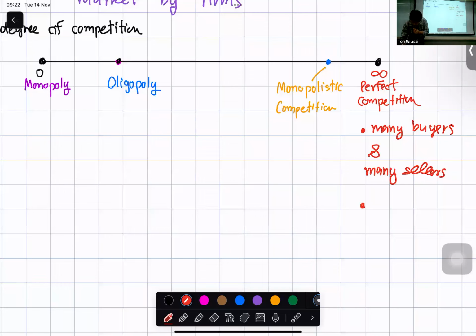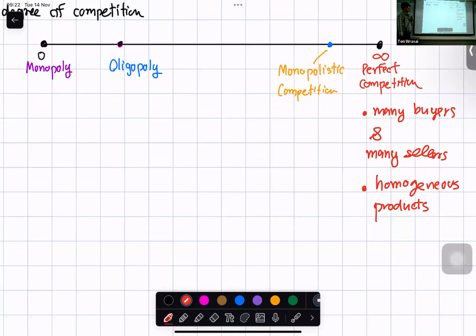So homogeneous good, homogeneous products. So there is no product differentiation in this type of market structure.